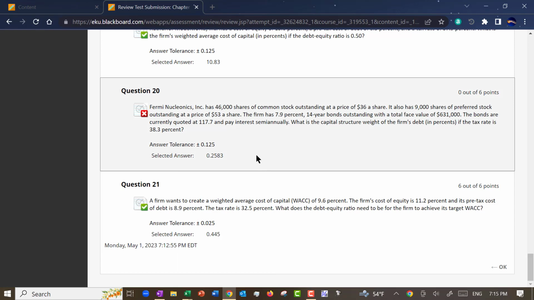Oh, I know why. I expect those things as 25.83, or Blackboard expects it as percent like that. So 0.2583 is not correct. But when I manually look at those, I correct those.